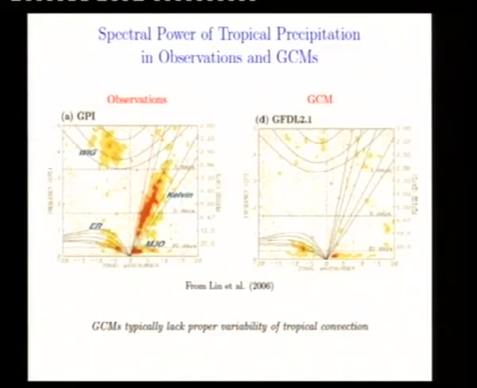That's right. Yeah, you agree with that? A super-parameterized GCM can do much better than this. This is valid for those GCMs which use the conventional parameterization. Yes, that's right. Sometimes they have waves, but they propagate too fast. They looked at 14 different cases here, and it's all over the map for what it looks like. Some of them look like this. Some of them have a Kelvin wave, lots of Kelvin wave power, but at the wrong phase speed. It's all over the map.